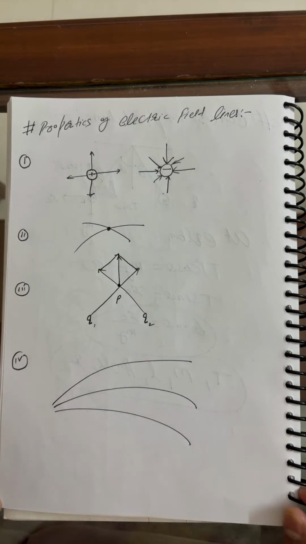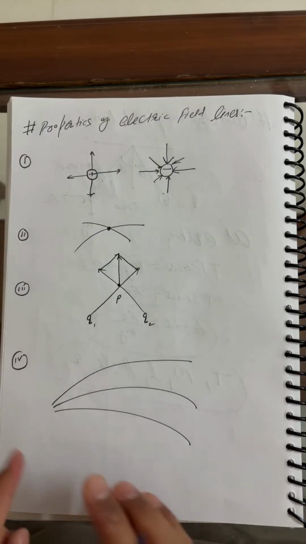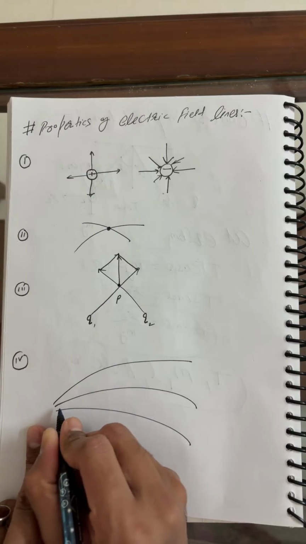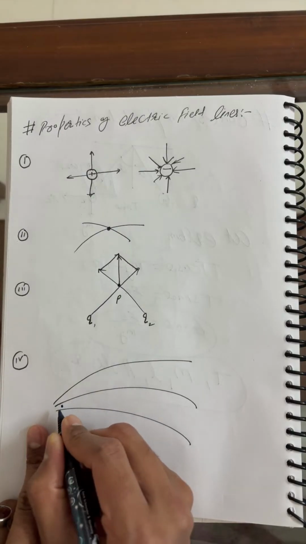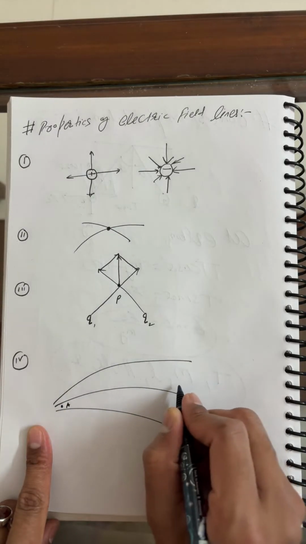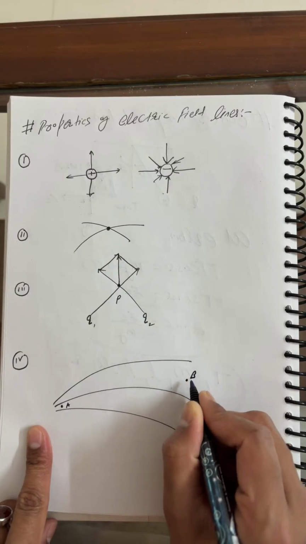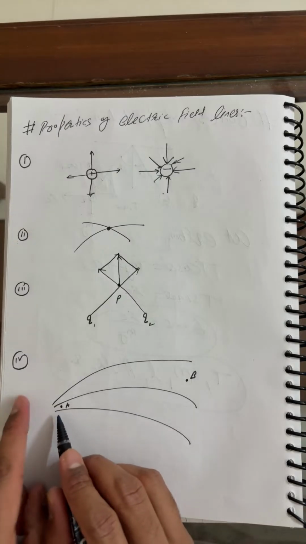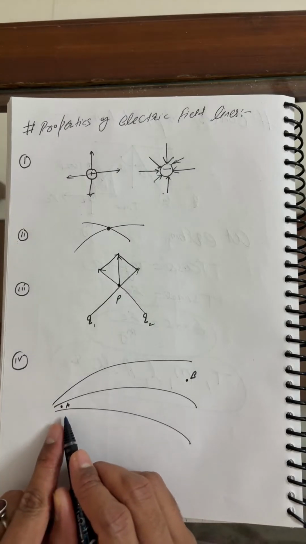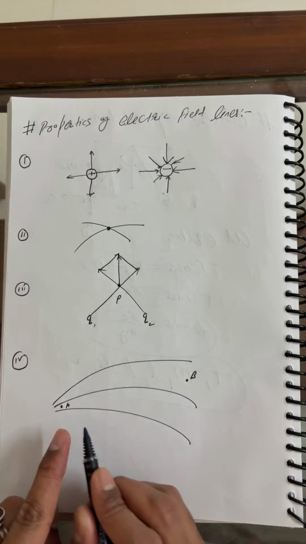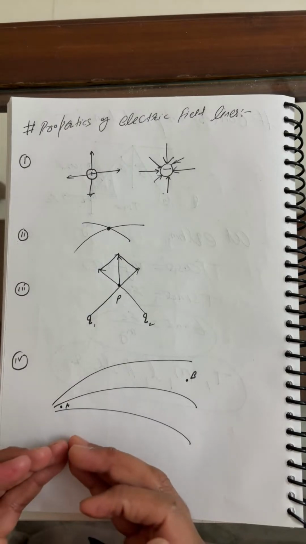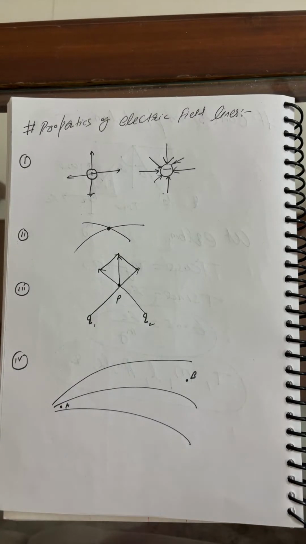Let us suppose this is point A and this is point B. If the electric field line density is more, the electric field intensity is more, or vice versa.